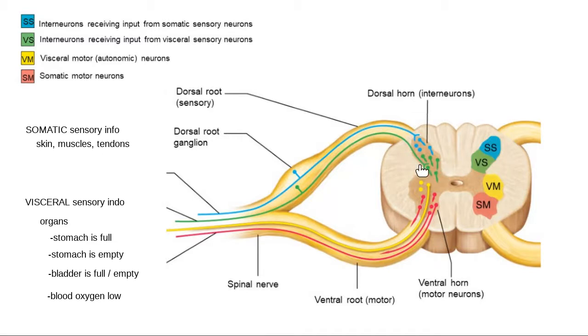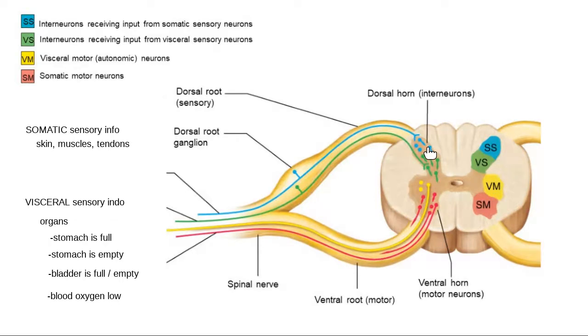In the dorsal horn, I have 2 different kinds of interneurons back here. Some of these interneurons that we see here in blue, some of them are really good at interpreting information that comes from your skin, or they're really good at interpreting information that comes from your muscles or your tendons. Those are what we call the somatic interneurons.